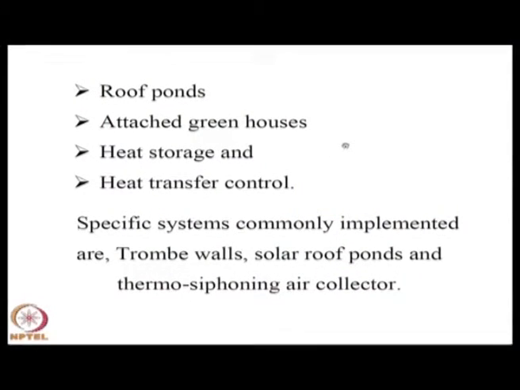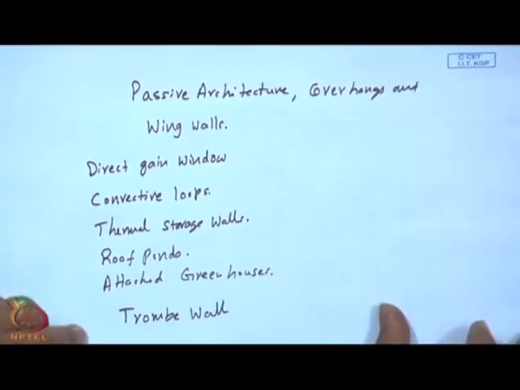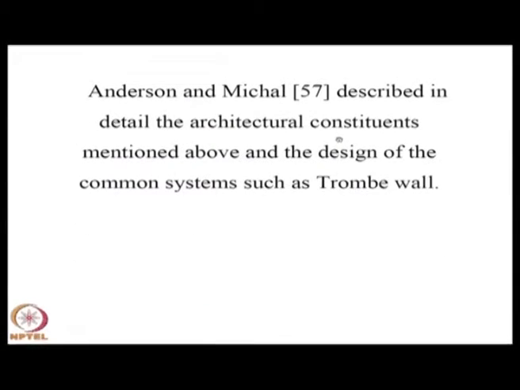So, if you attach it to a house, then in the evening time or the night time, the heat released by the greenhouse will warm up the house. Then heat transfer control and heat storage, these are general terminology that are used, and very specific systems would be, one of them is a trombe wall, and then solar roof ponds and thermosiphoning air collector.